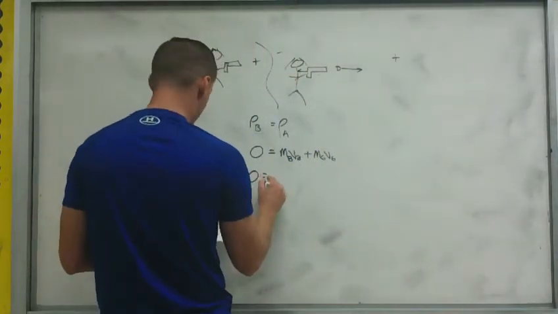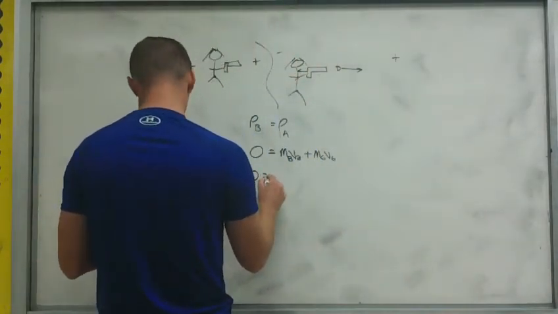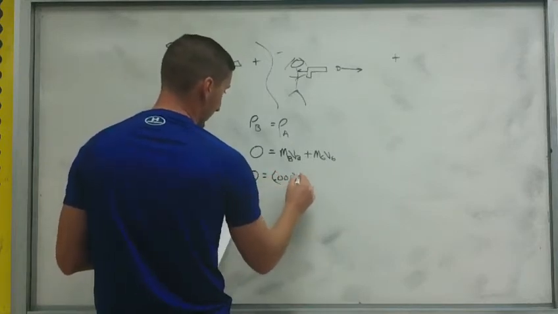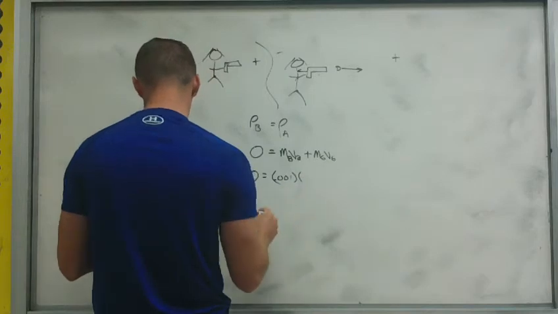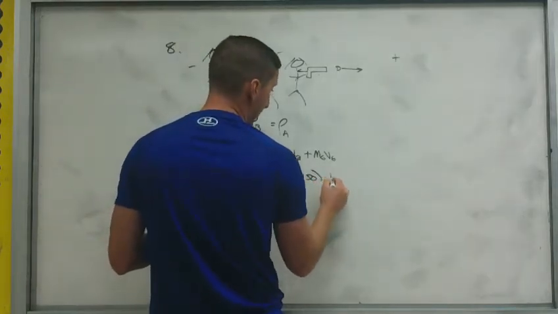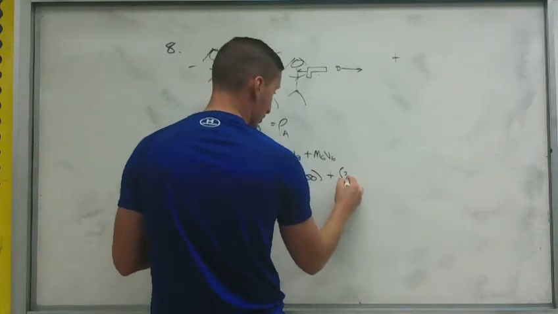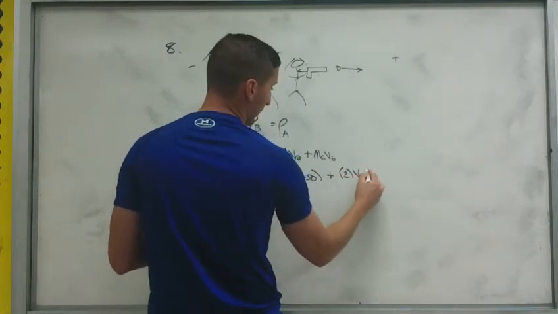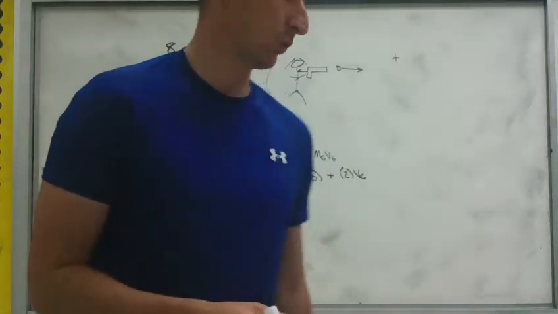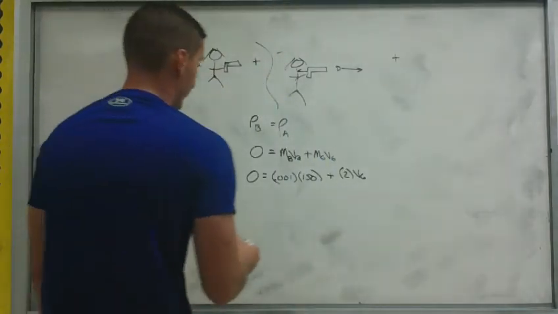Now you can plug in. 0 equals, mass of the bullet is 10 grams, so that's 0.01 kilogram, times the velocity of the bullet, 150 meters per second, plus the mass of the gun, 2, times the recoil velocity, which is the velocity the gun moves with. So I'll simplify here.